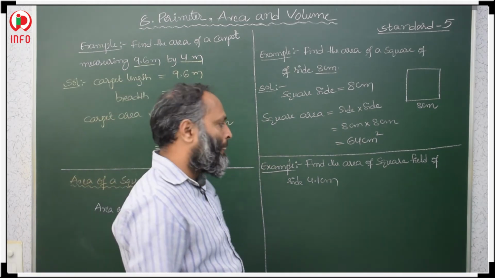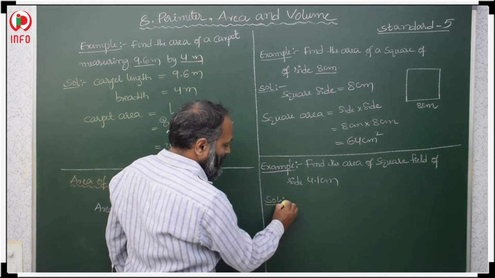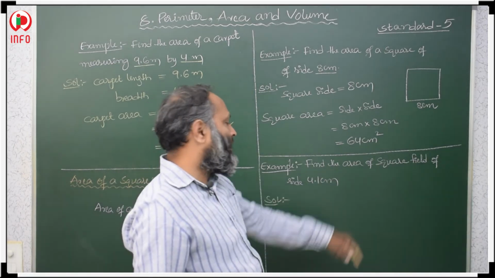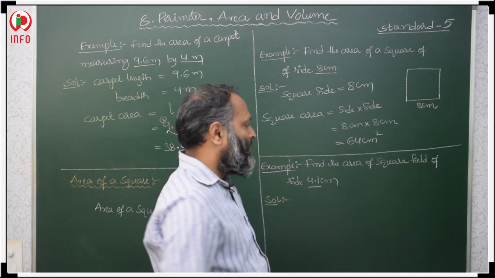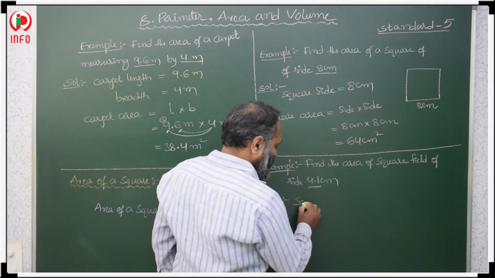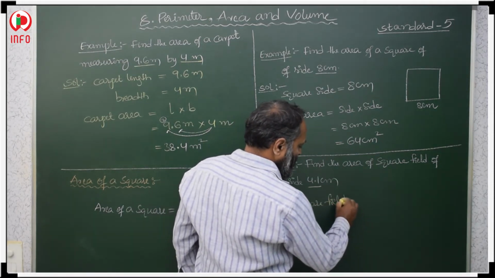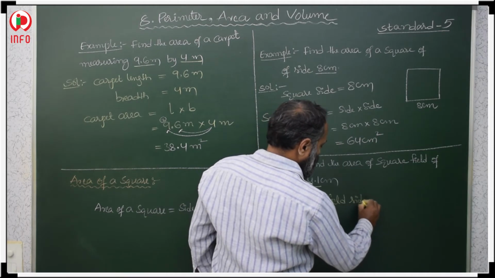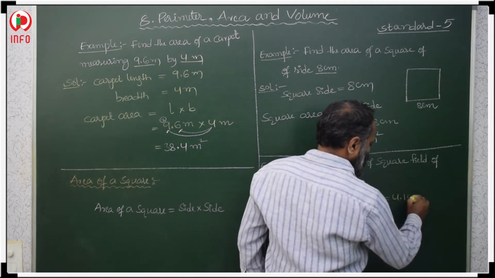Okay. Now in the second example, find the area of a square field whose side is given. Side is 4.1. Square field side is equal to 4.1 centimeters.